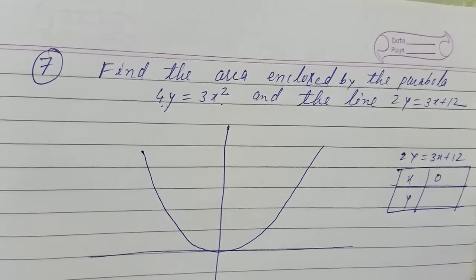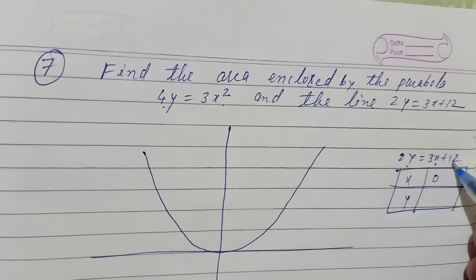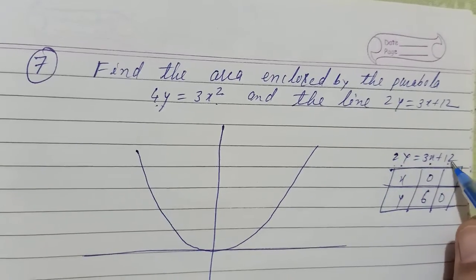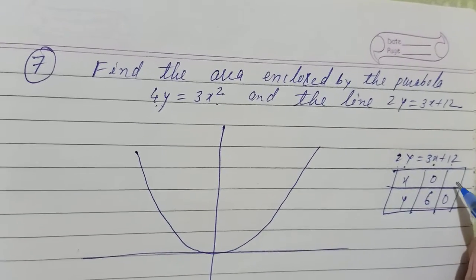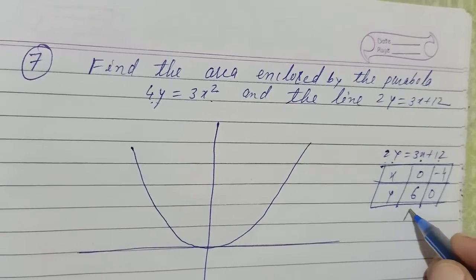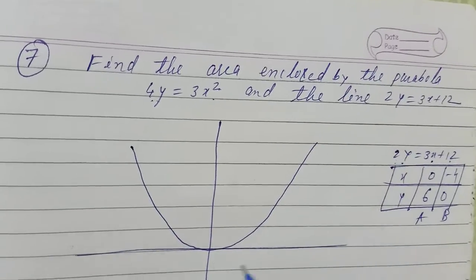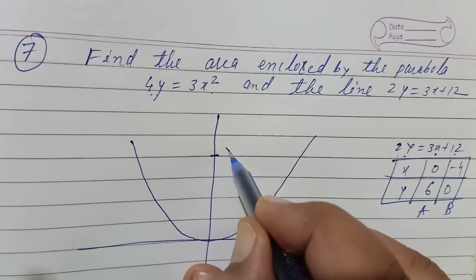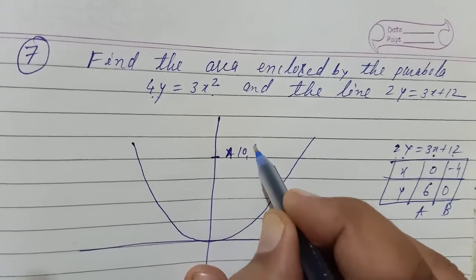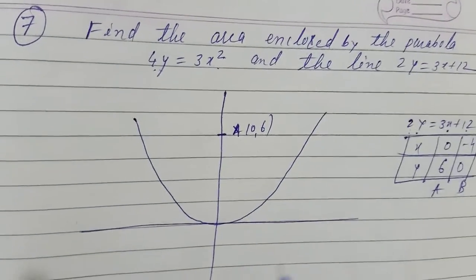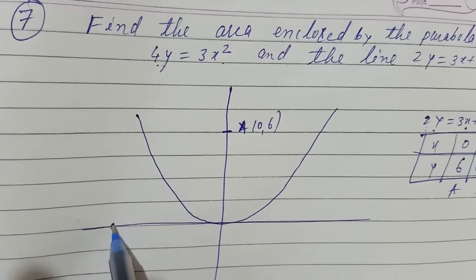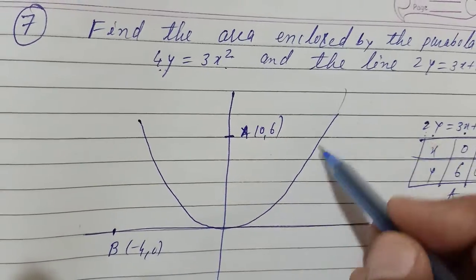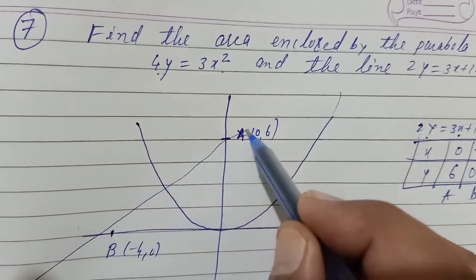Suppose we take x 0, 2y equal to 12, so y equal to 6. When y is 0, x is minus 12 upon 3, minus 4. So 0, 6 and minus 4, 0. You will get this type of curve.